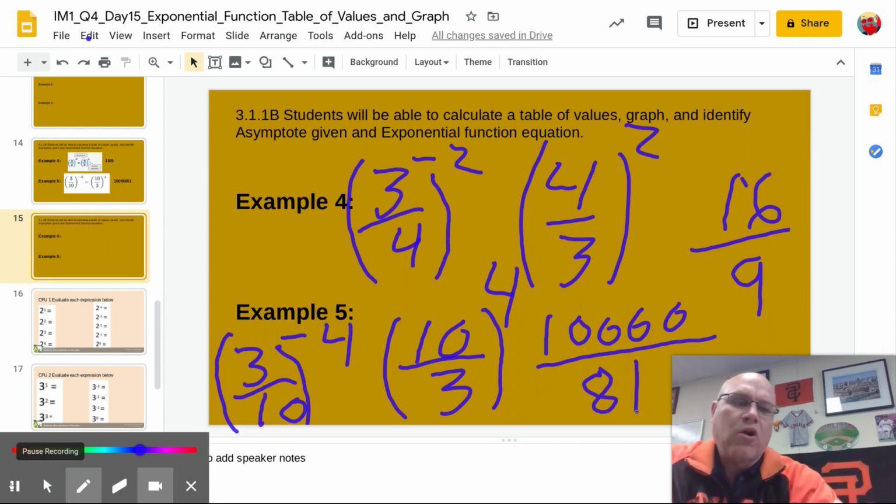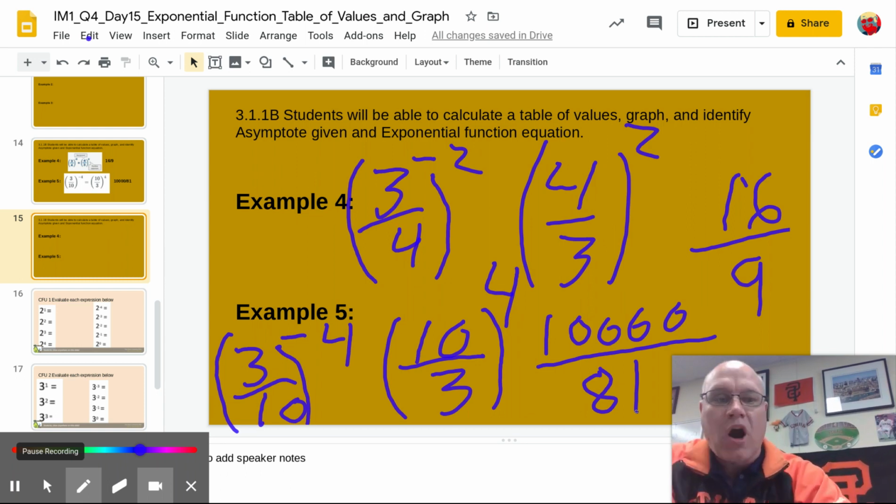So again, our goal today is you're going to have a function, something like y equals (3/10) to the x power, and then you have to do a table of values where you're plugging in x is negative 4, x is negative 3, x is negative 2, x is negative 1, x is 0, x is 1, x is 2, x is 3, and you're getting a plethora of ordered pairs or points.